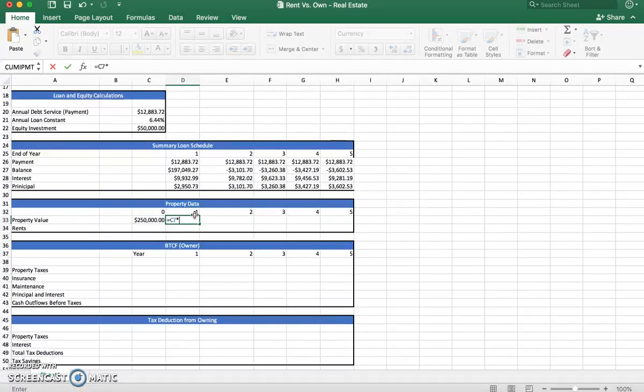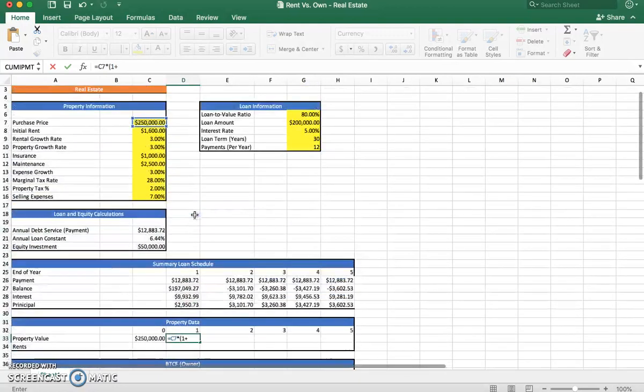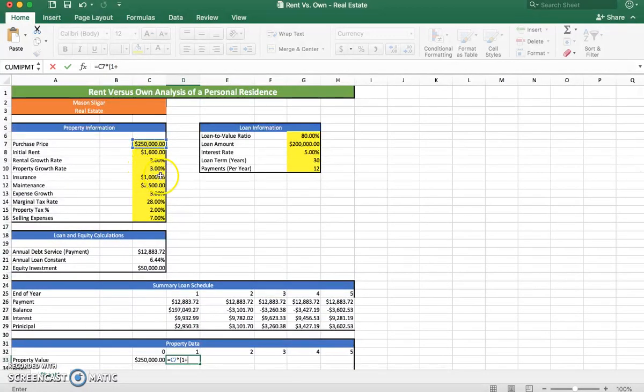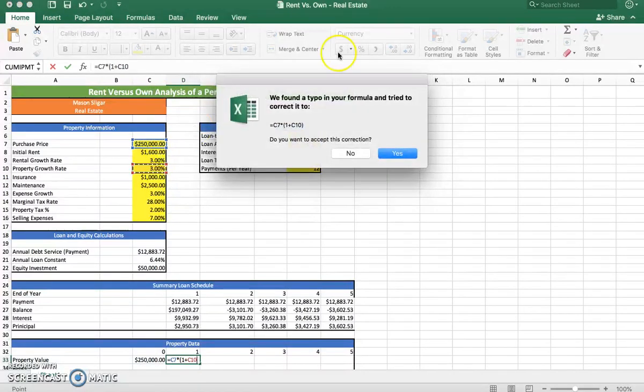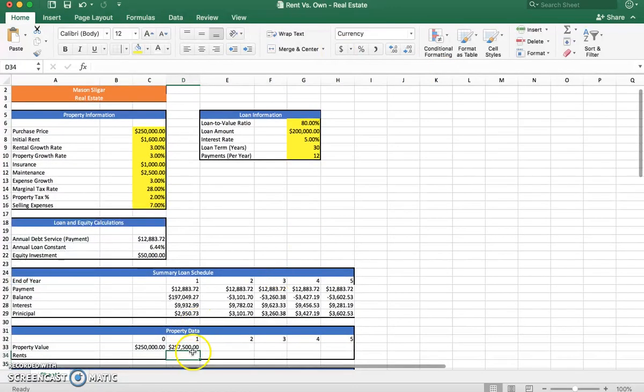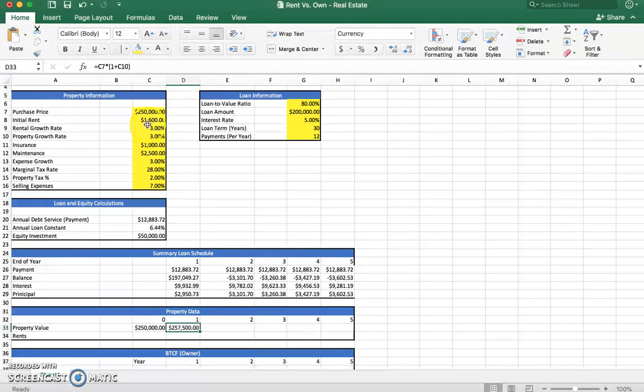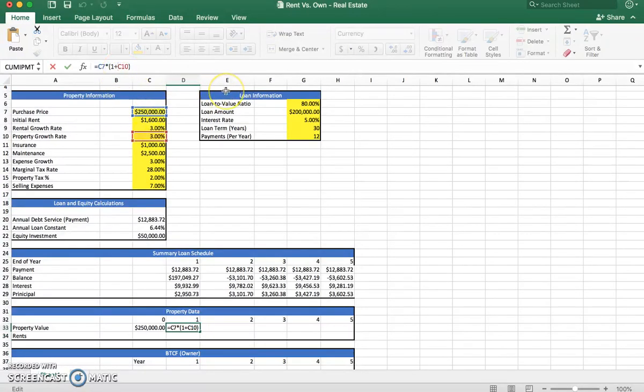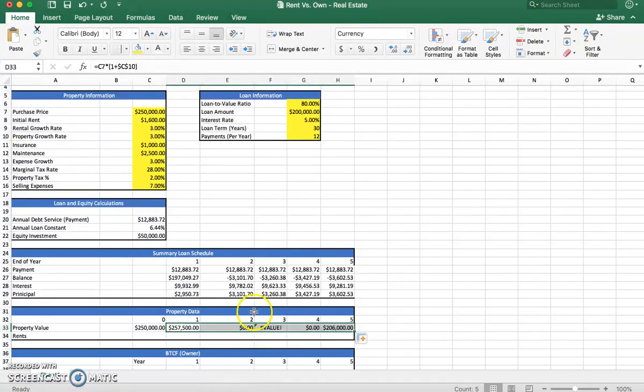So what we're going to do is multiply that by 1 plus our property growth rate, which is 3%. All right, so that's about right. All we have to do now is lock this down because we don't want this quantity to change.